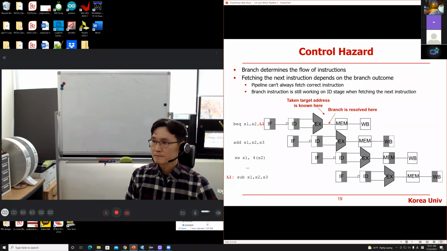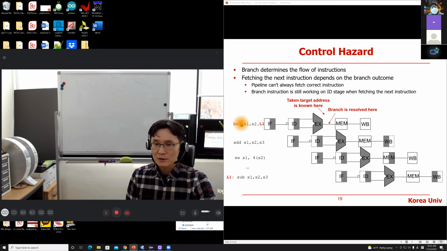Okay, thanks. Control hazard comes from a branch instruction, and a branch instruction potentially changes execution flow. So this is an example: a conditional branch instruction. You have to compare these two.